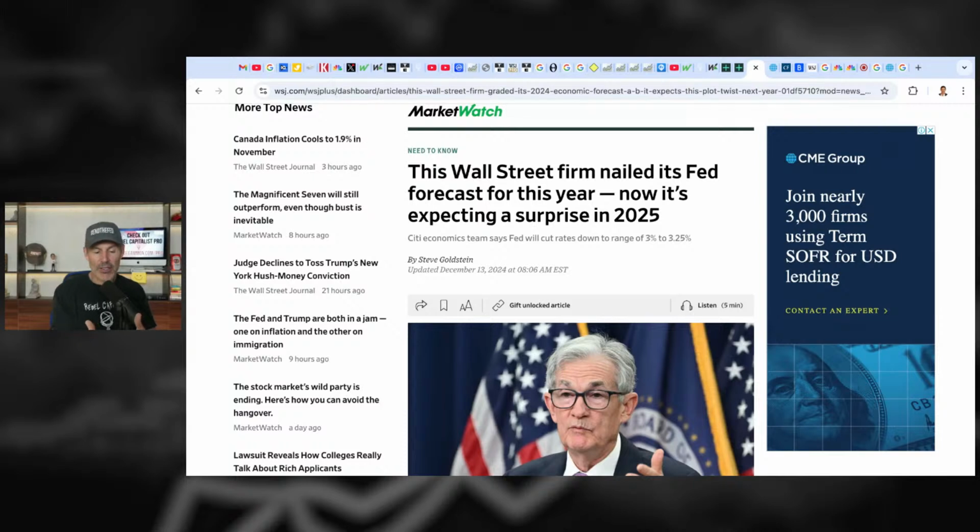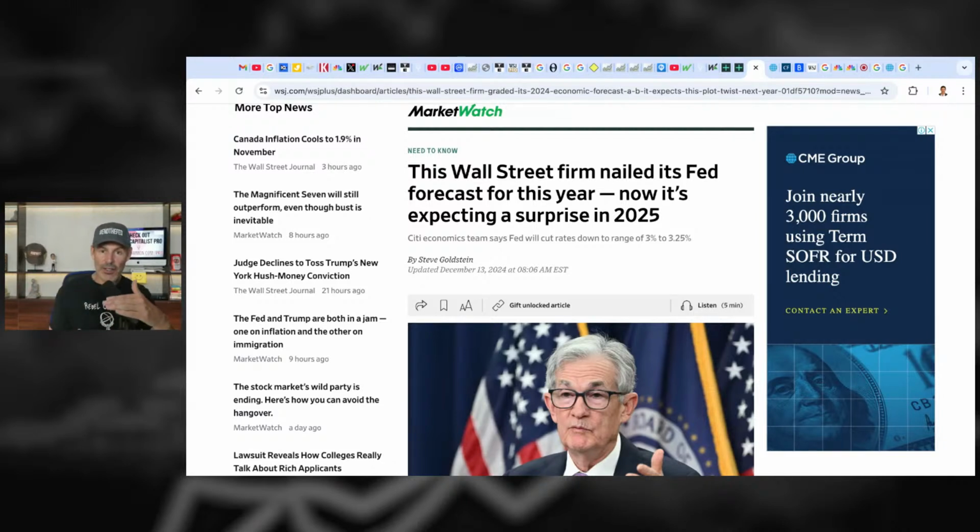Because let's just assume that the expectations are 3.5, they're at 3, and it comes in at 2. They're still going to look like geniuses, right? But if it comes in at 3.25 and they're at 3, they still actually look pretty good because it's below expectations. Or if it comes in at 3.5 and they're at 3, they're not going to lose too much business there.